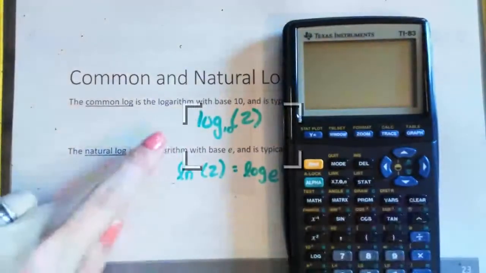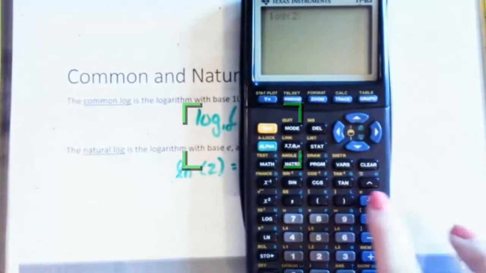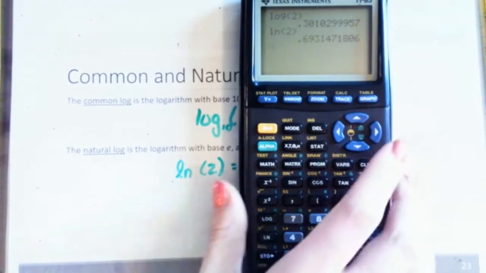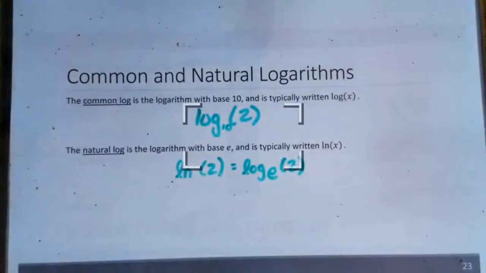So for example, for the log of 2, here's your log button. If we want the log of 2, I'll press log and then 2. If I close my parentheses, I get that the log of 2 is about 0.3010. The natural log of 2, the ln button is under log, and the natural log of 2 is about 0.6931. So those two buttons should be on your calculator somewhere.